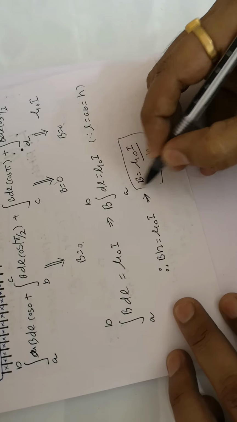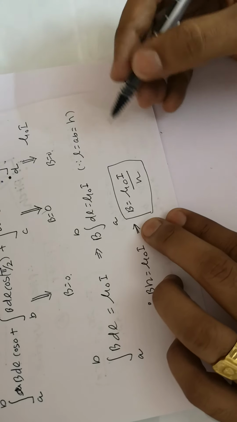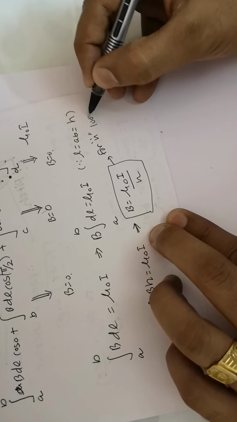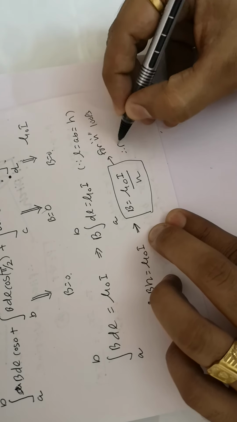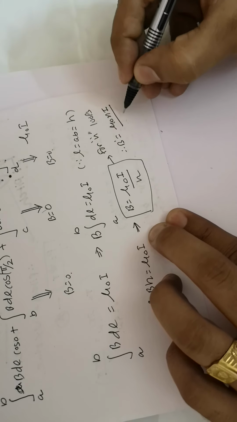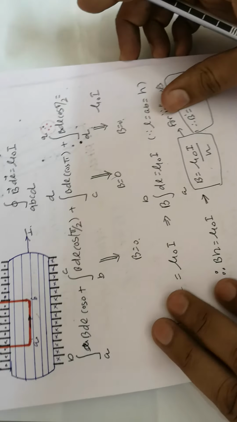Right now we have placed h, earlier we had placed L over here. But if you have taken n number of loops, your equation will be different for n number of loops. It is called mu 0 times n times current divided by h, that is our equation of magnetic field.